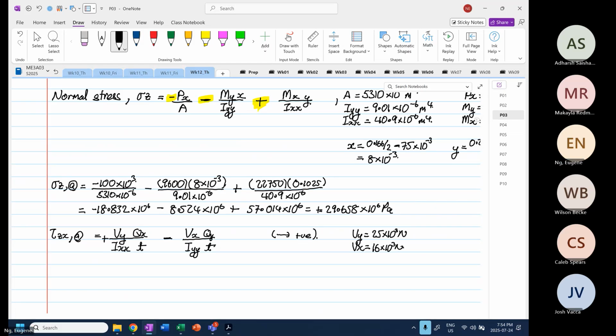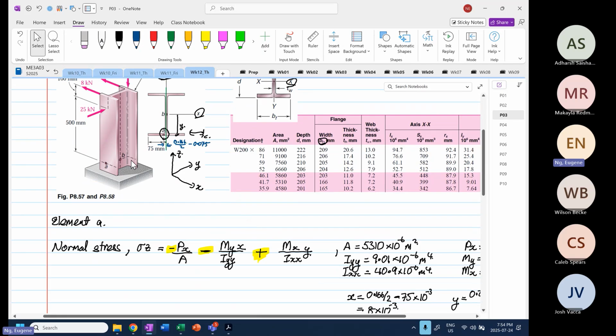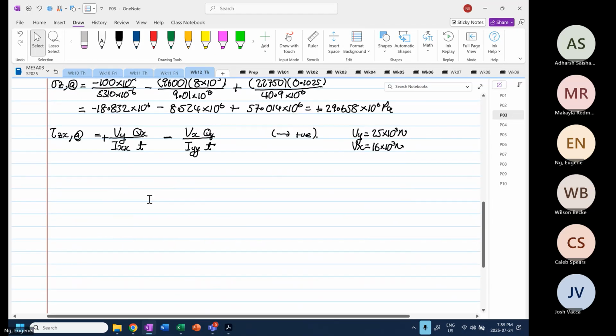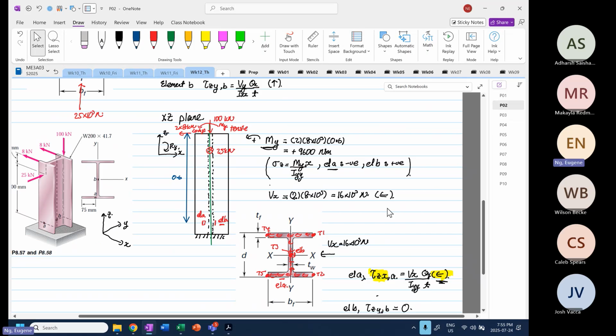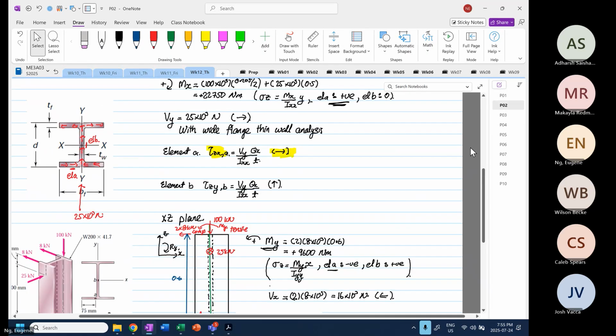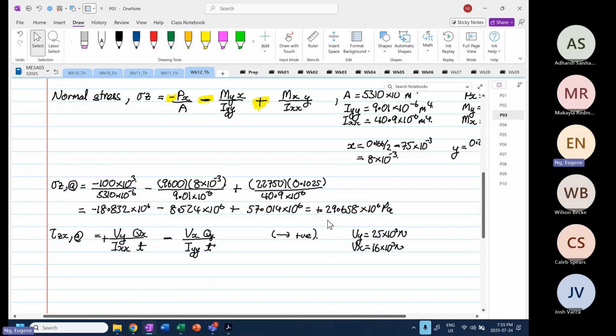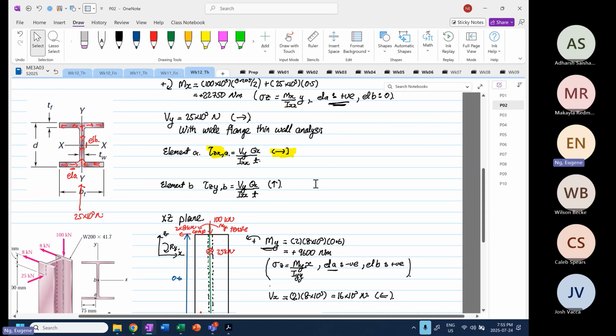Okay, so now let's look at this diagram over here. Either one would be fine, but let me see what I put first. I put Vy, so let's deal with Vy first.